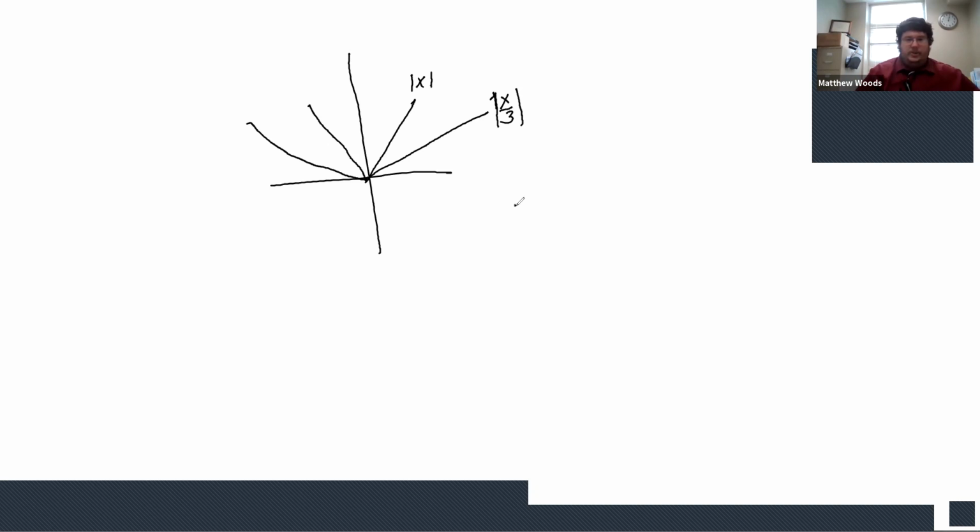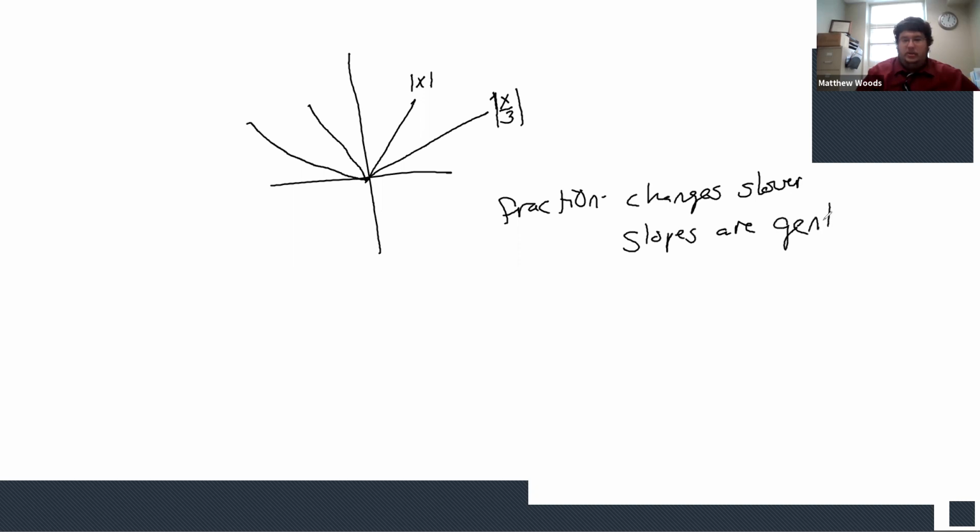So when it's a fraction, it changes slower. The lines, and I shouldn't say the lines, I should say the slopes, are gentler. I'm not sure if that's a word, you have to ask the writing center.